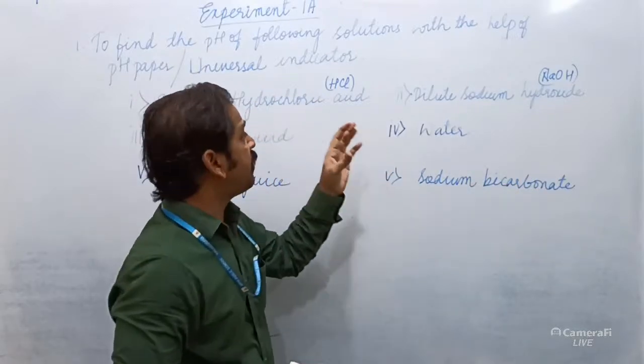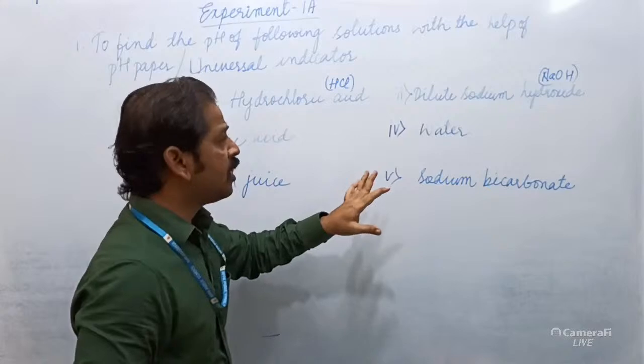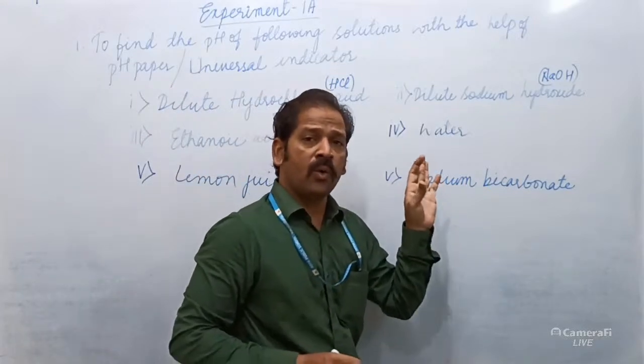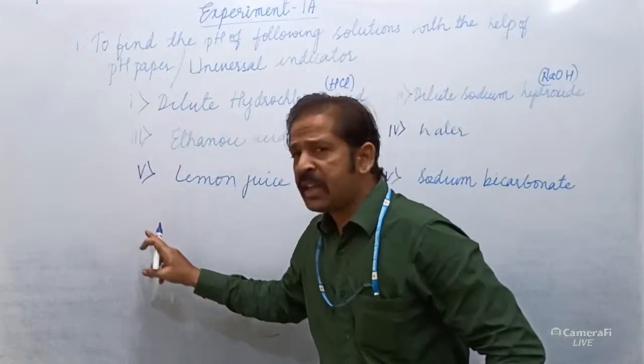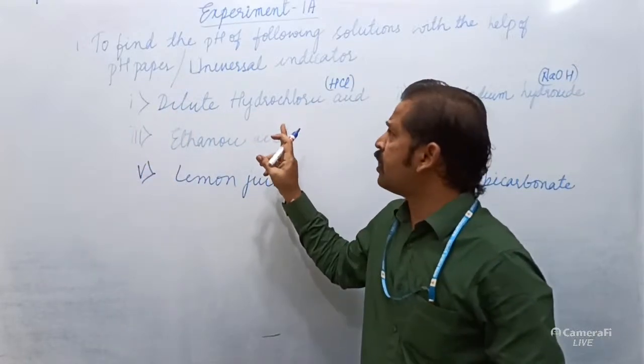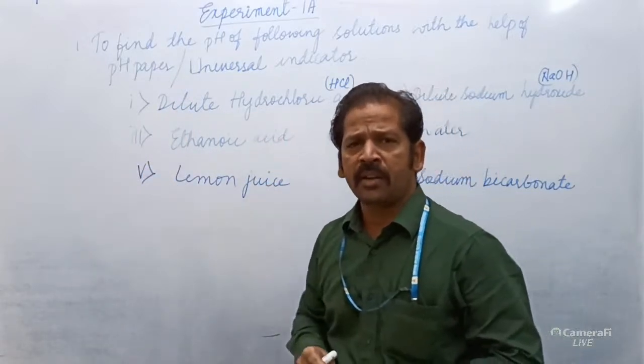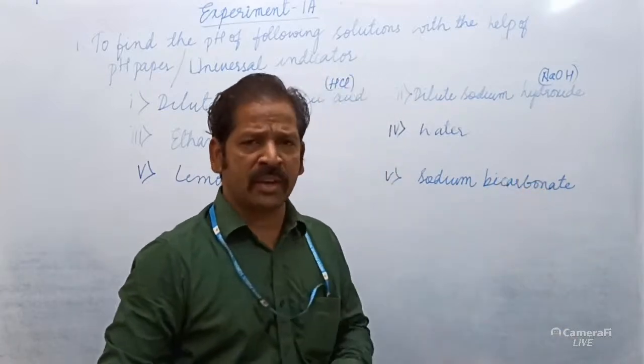We identify the pH value of all these solutions in order to identify the nature of the chemicals. What is the nature actually? If you remember it, we will go with the chemicals required.